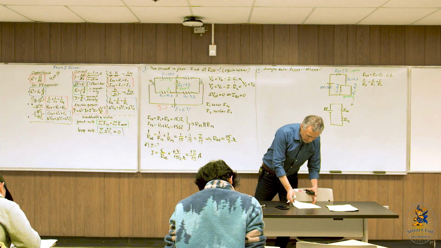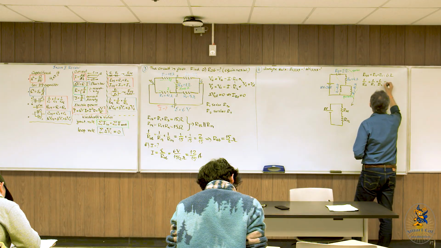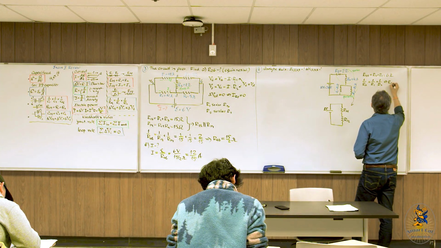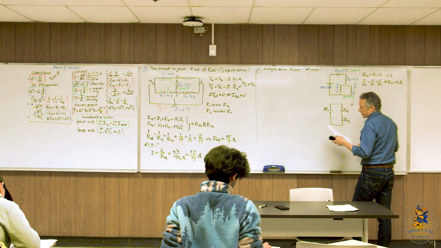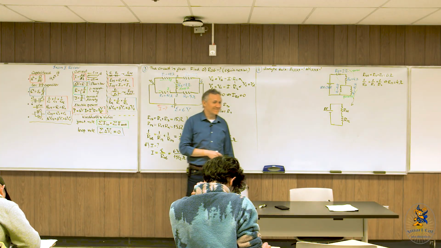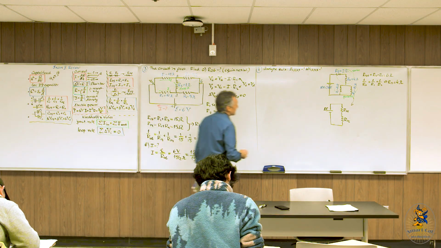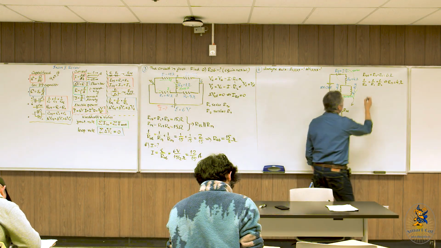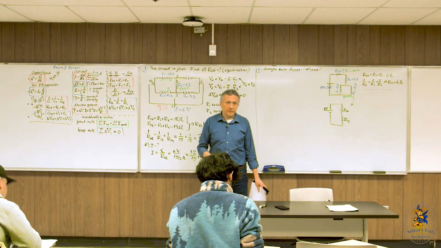It's up to you. I will just write down the answer immediately. R1,2 is 4 ohms. The number is actually quite nice, at least at the very beginning. And then later on, they will not be as nice. So first step. Now, of course, obviously, these two resistors are in series.